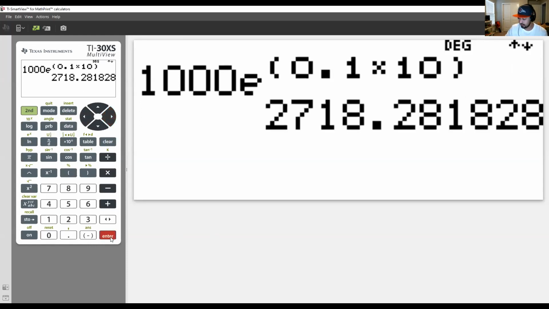Enter. And after 10 years of continuous compound interest at 10%, we only come out with $2,718.28. It's definitely more money than the problem above.